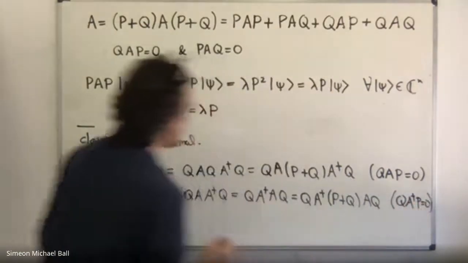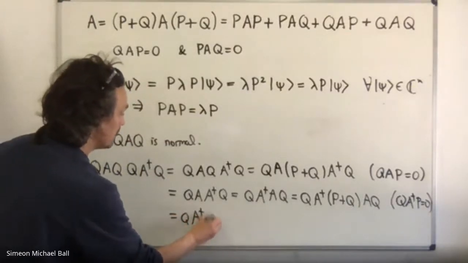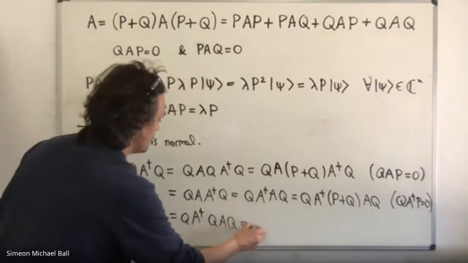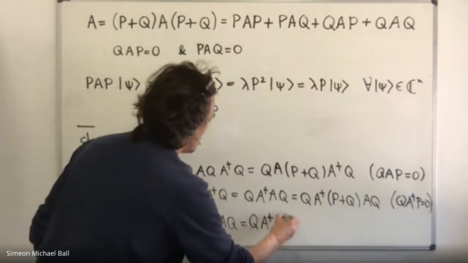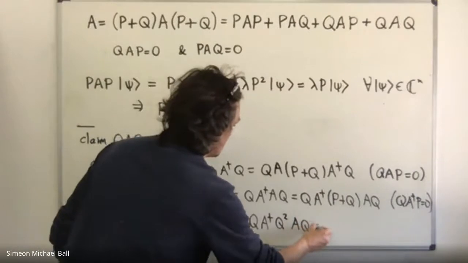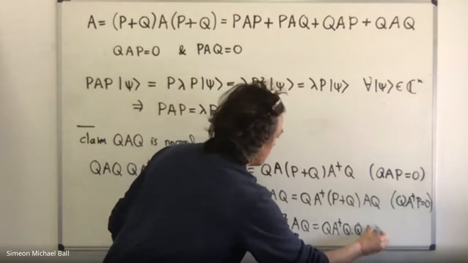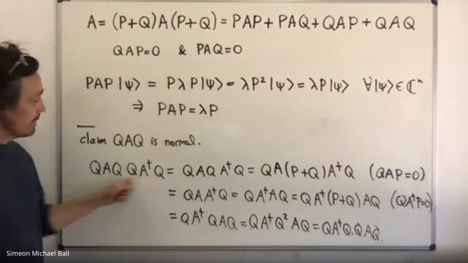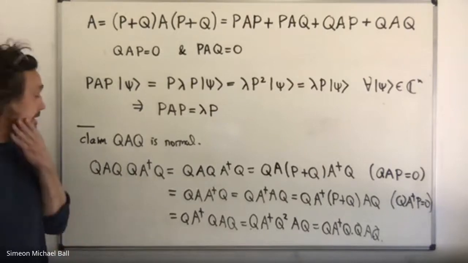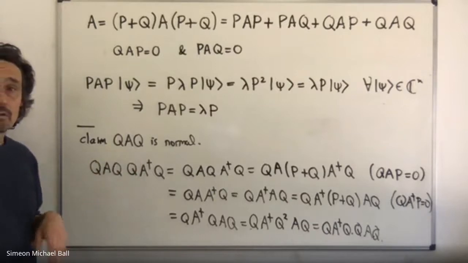So this is just QAQ, and now we just go back and put in the other Q. So at the end, what we've managed to prove is that we can simply swap the A and the A bar. So the fact that A is normal implies QAQ is normal, if Q is a projector.